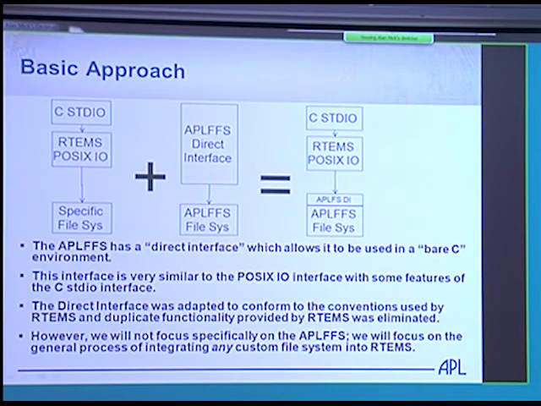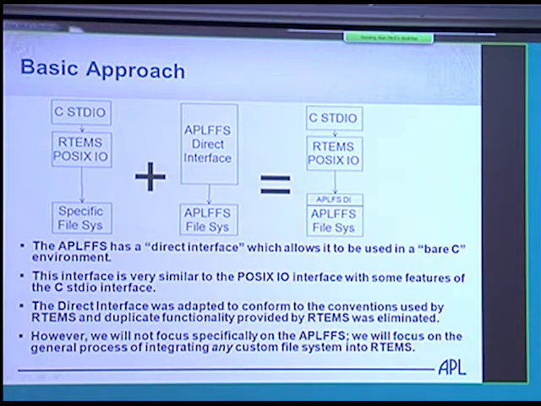So our basic approach here is the way the RTEMS operating system works is that there's a C standard I/O library, and the C standard I/O library makes calls to the RTEMS POSIX I/O interface. And inside of the RTEMS POSIX I/O interface, it makes calls to the standard file system driver interface.